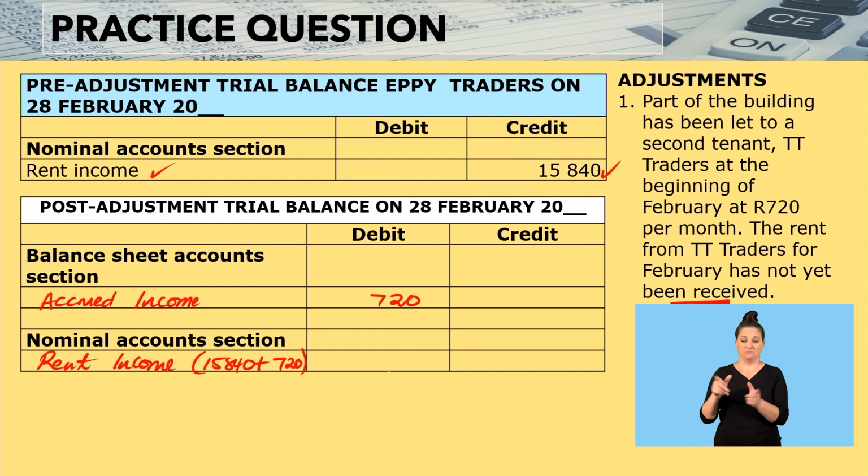If we add those two amounts, we get a total of 16,560, which I bring onto the credit side. So I've added 15,840 plus 720, which gives me 16,560. That is how you do adjustment number 1.